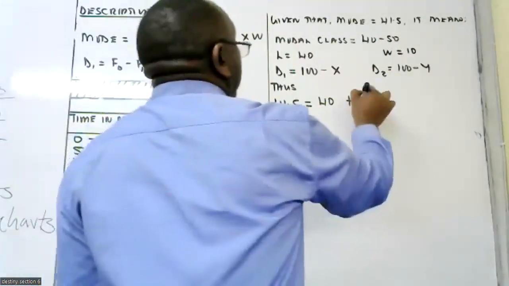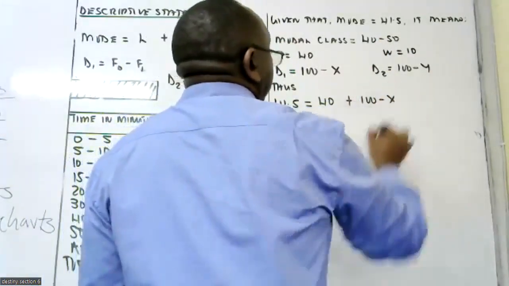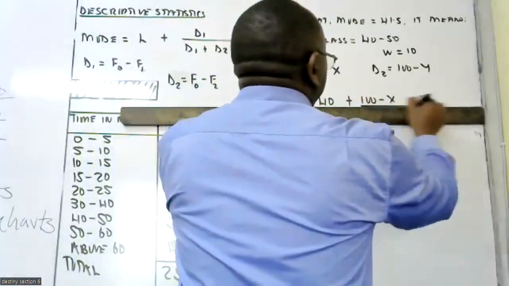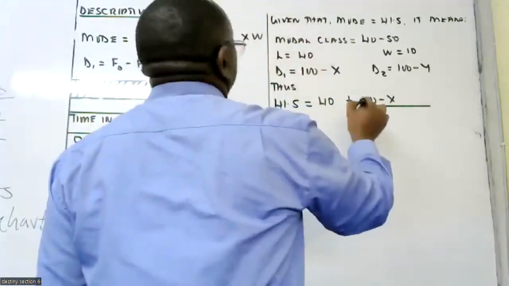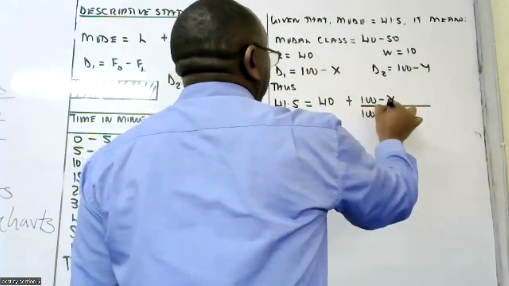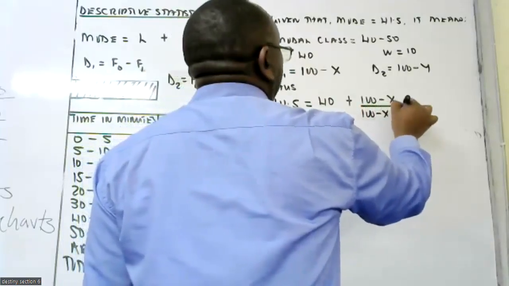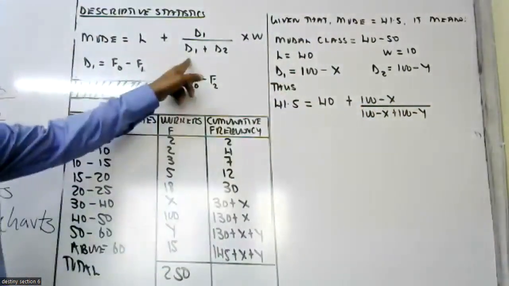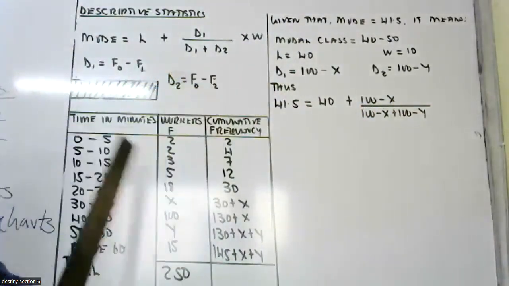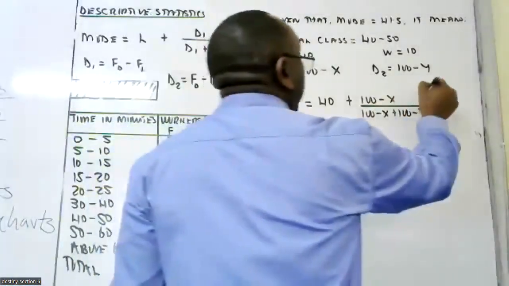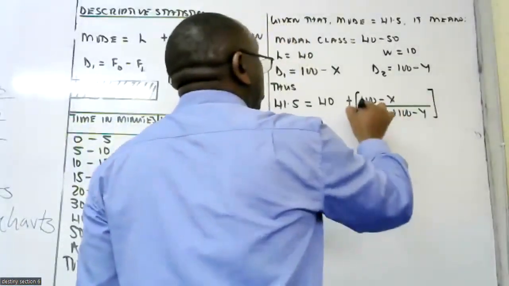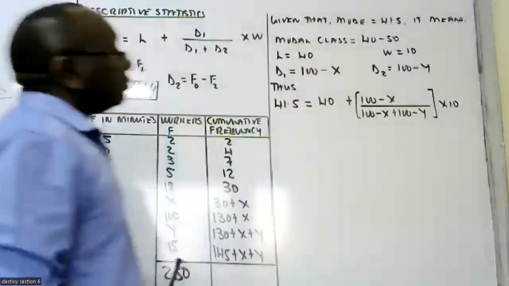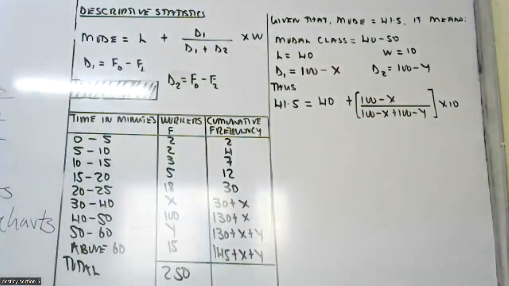So D1 is 100 minus X, divided by 100 minus X plus 100 minus Y, the D1 plus D2, and you multiply by 10.